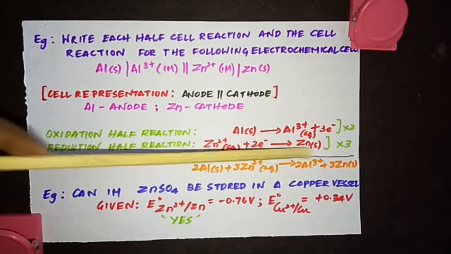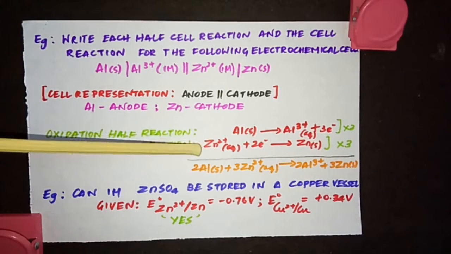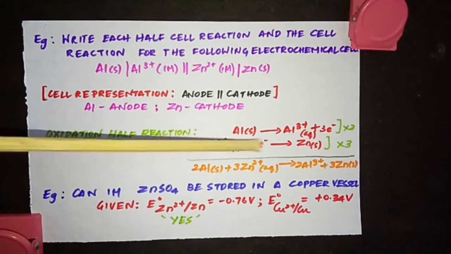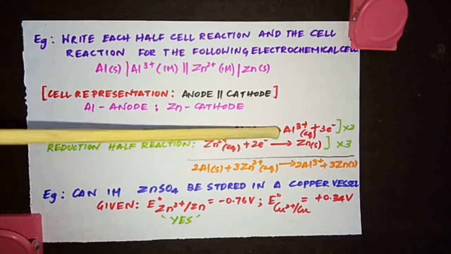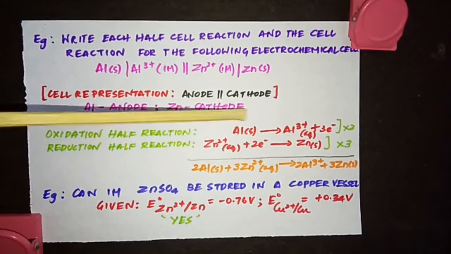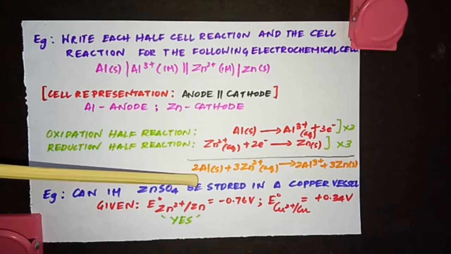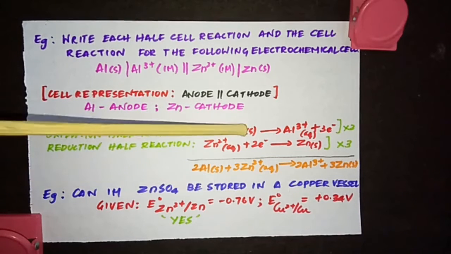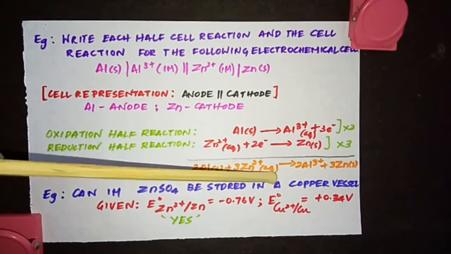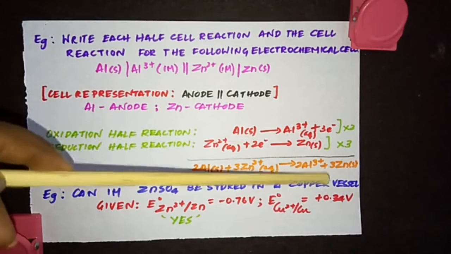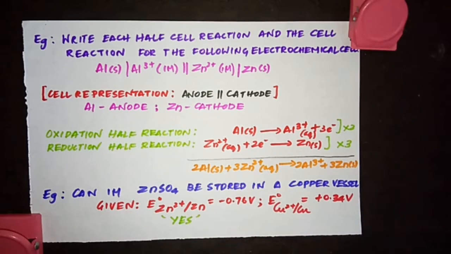In the same way, multiplying this equation by 3, you get 3Zn2+ plus 6 electrons giving you 3Zn. So 6 electrons and 6 electrons get cancelled, and you write the overall cell reaction: 2Al solid plus 3Zn2+ aqueous giving you 2Al3+ plus 3Zn solid.